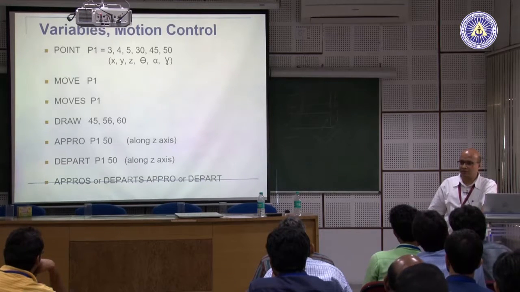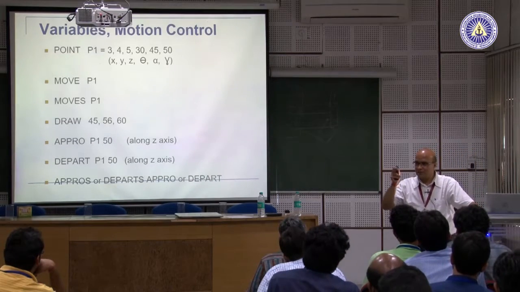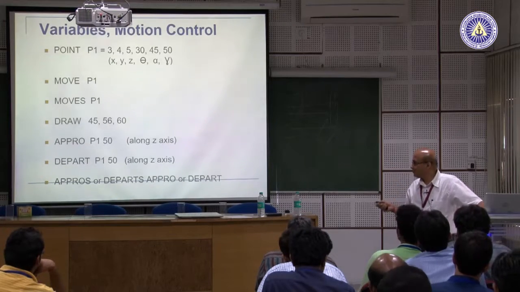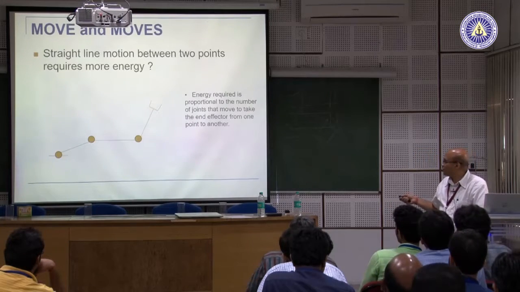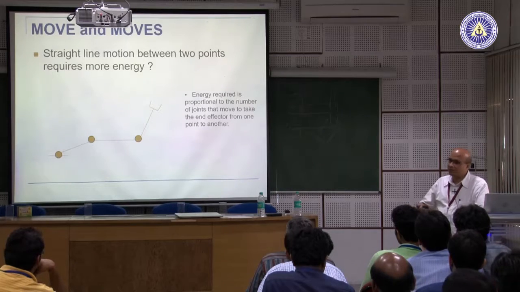I think Dr. Dasgupta talked about inverse kinematics, right? In inverse kinematics, you can always get multiple solutions. So which solution are you taking? That is the mathematical question. If I say that you are moving from this point to this point in space, how many solutions are there? There can be a very large number of solutions.